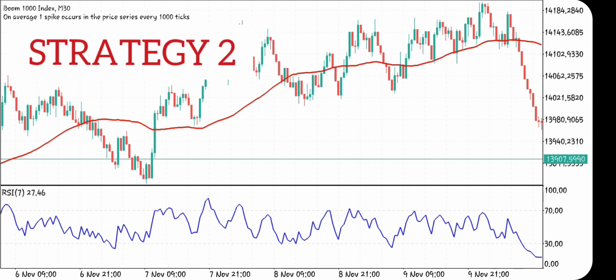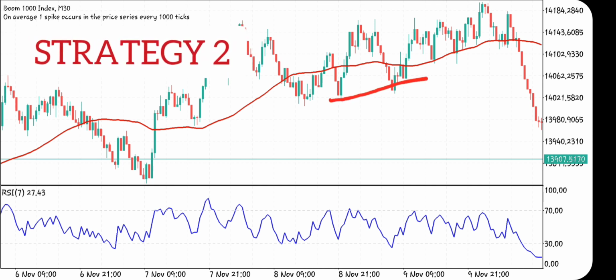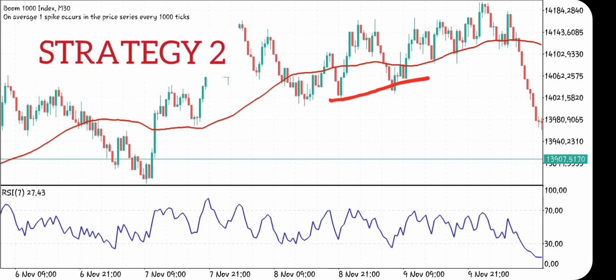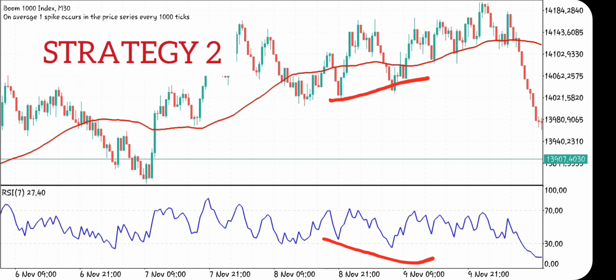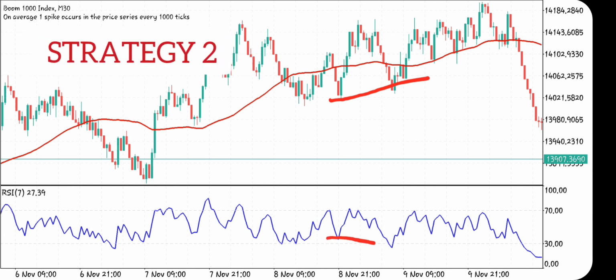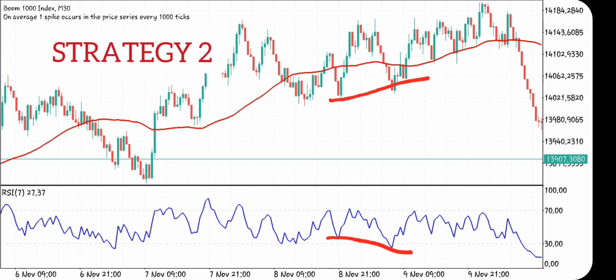So when we connect the points on our price, on price it goes up, and on RSI it goes downward. That is what we mean by RSI divergence.